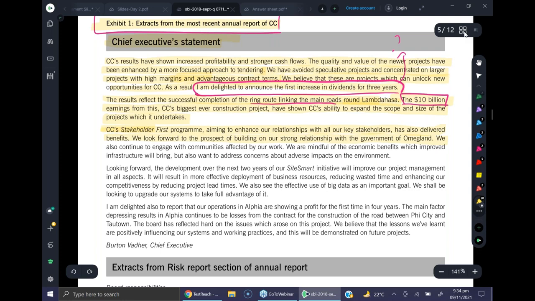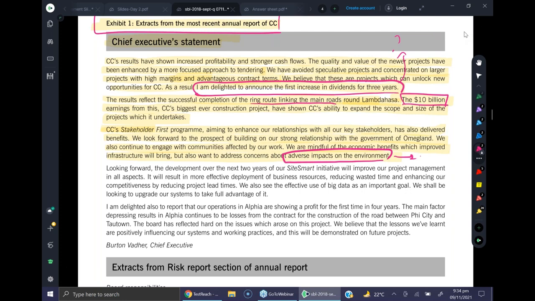We are mindful of economic benefits which improved infrastructure will bring, but also want to address concerns about adverse impact on environment. So there are adverse impacts on environment. So this might be the non-financial factor I would like to discuss later, but that would be more specific to the Beetle project. But I'm just highlighting some good information which might be used in my discussion.